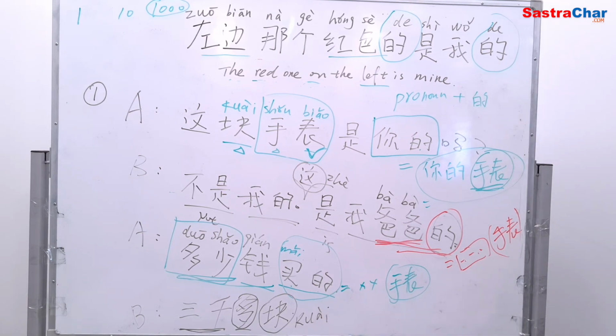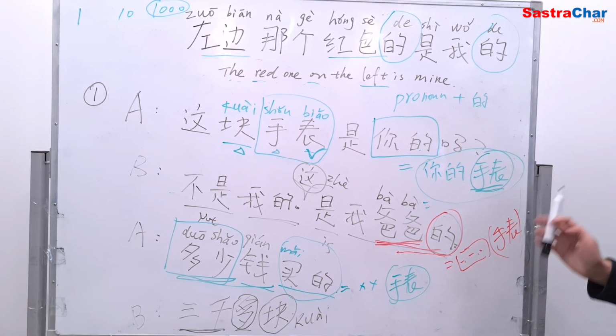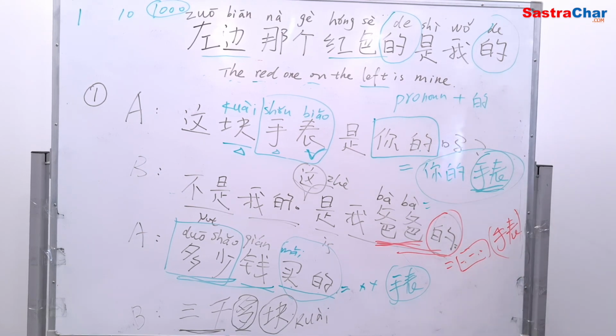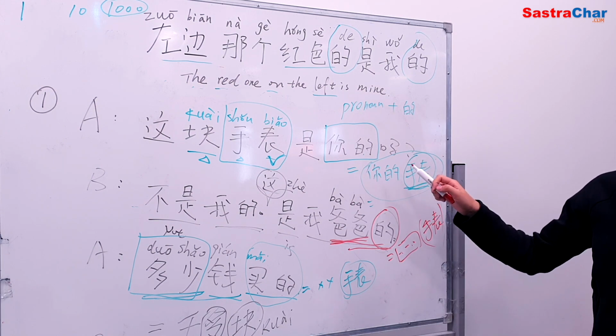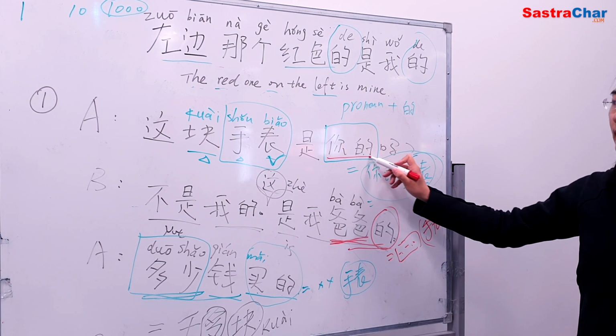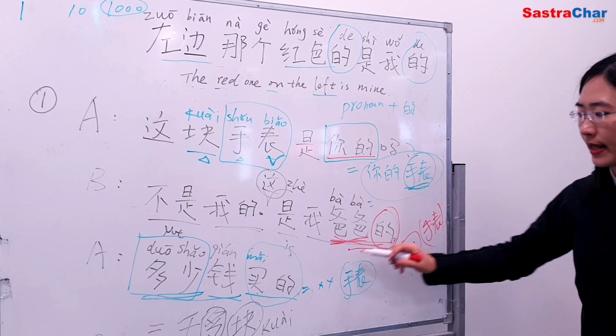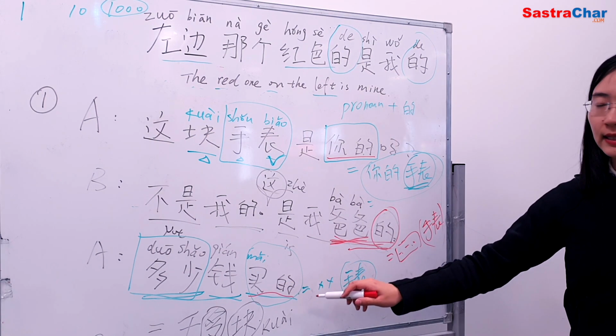Okay. So now let's look back at this dialogue. You can see the first 3 sentences all contain this grammar: somebody's, and a verb plus 的, right?